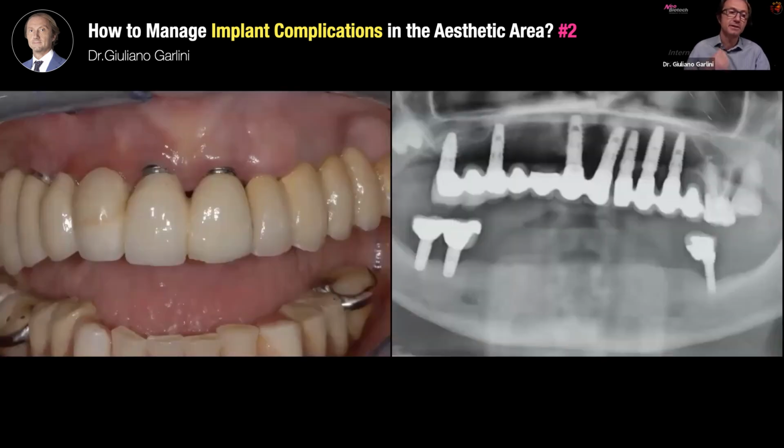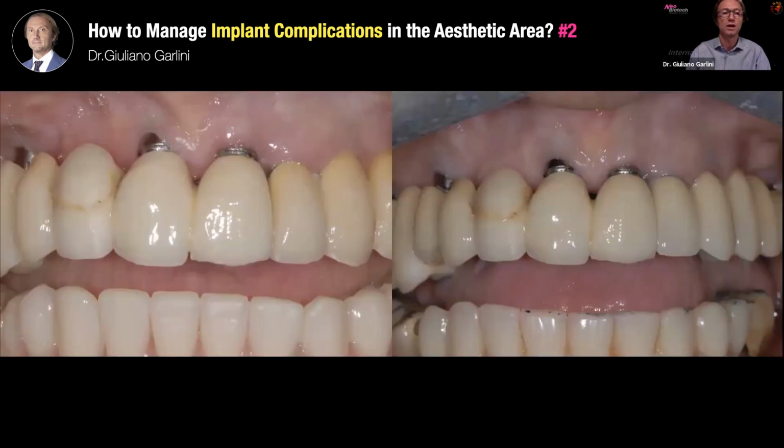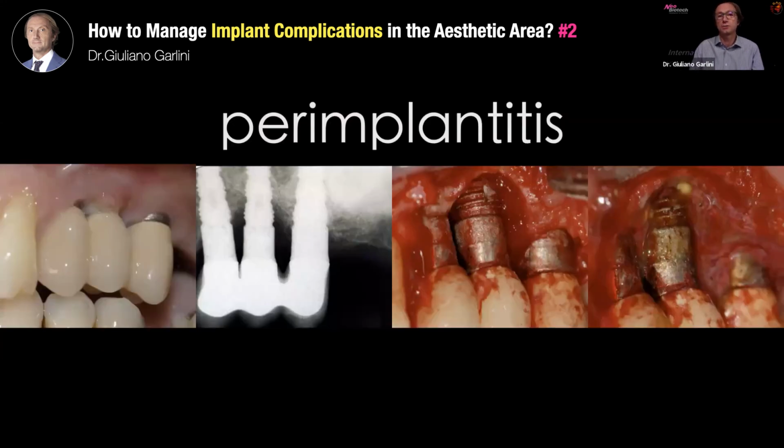When we have cases like this, the only thing that you can do is to maintain the situation with cleaning the implant surface and without any surgical approach.